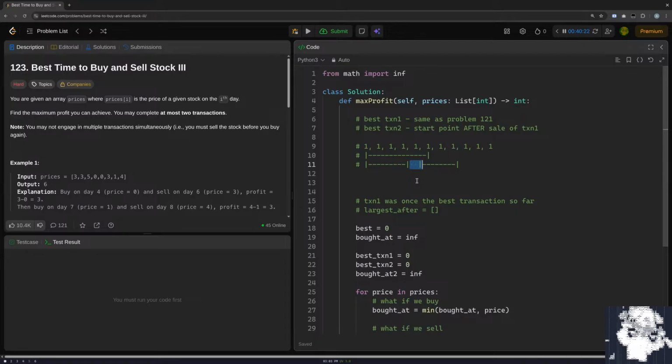Instantly, unless, no, you can't find the start point instantly.